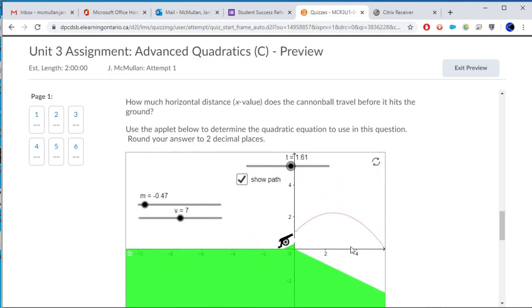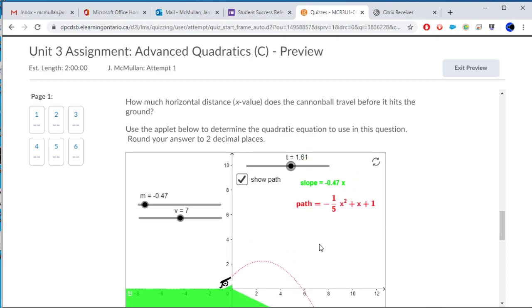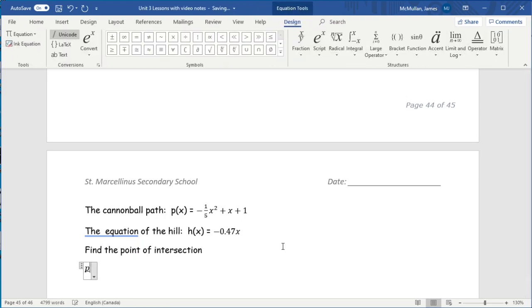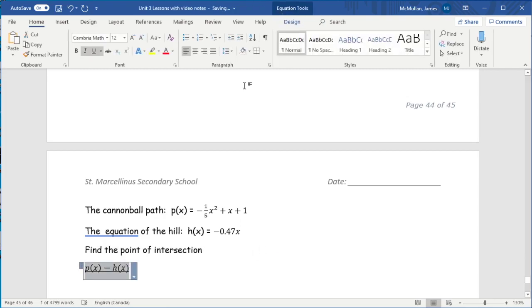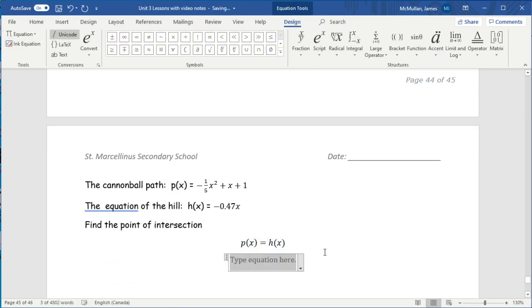So all I want to do in this question is just work out when these two things intersect one another, right? So find the point of intersection. I would do this the same way that I would do any other question. So P of x is equal to h of x. When is the path of the cannonball equal to the hill? Okay, so P of x, negative 1 over 5 x squared plus x plus 1, is equal to negative 0.47x, right?